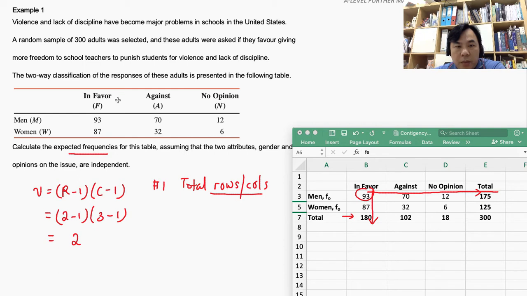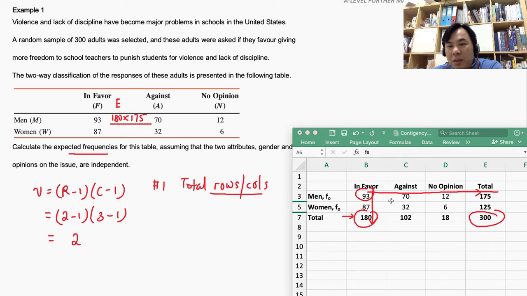The expected frequency is calculated based on 180, multiplied by the total on the row and divided by the main total here.